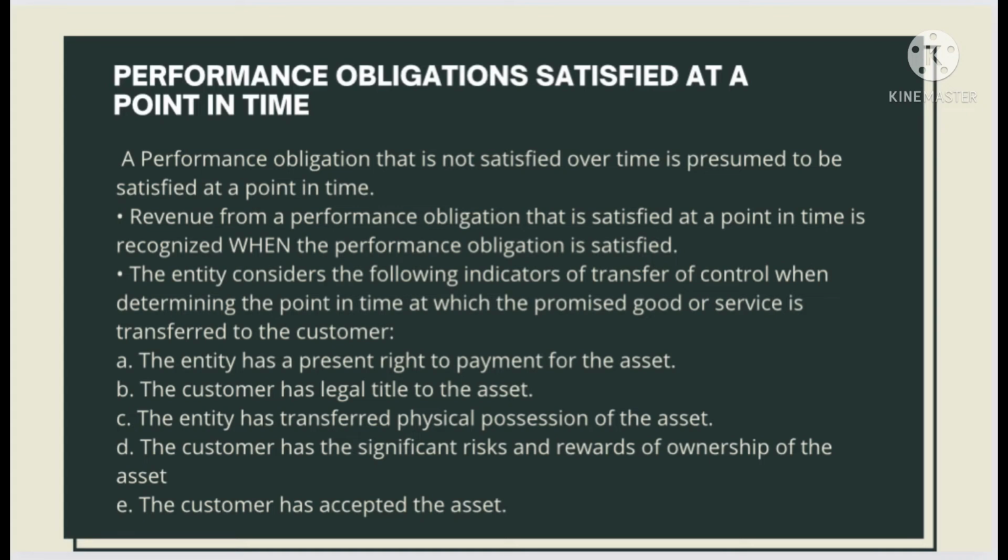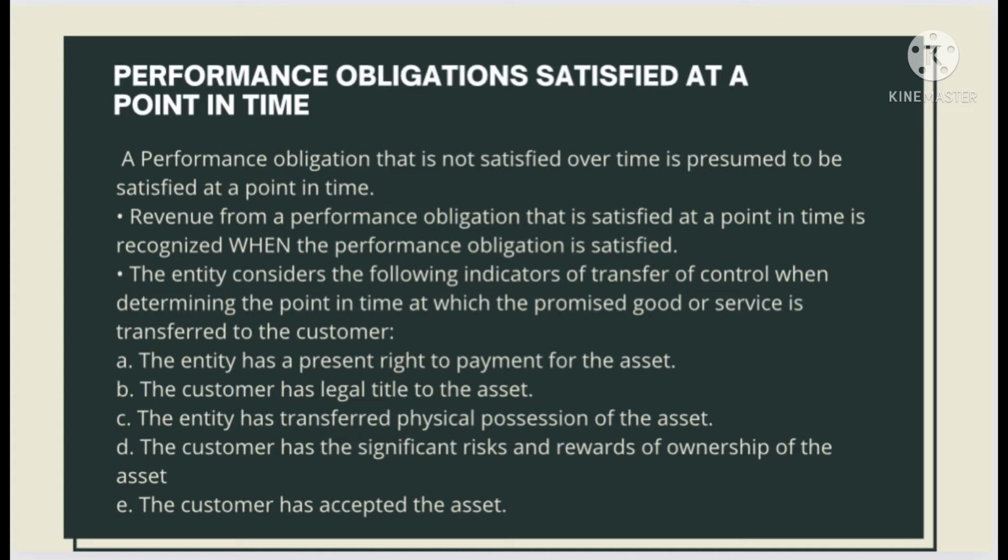Number 1, the entity has a present right to payment for the asset. Number 2, the customer has legal title to the asset. However, the entity is not precluded from transferring control of an asset to the customer if the entity retains the legal title solely to protect the collectibility of the transaction price.